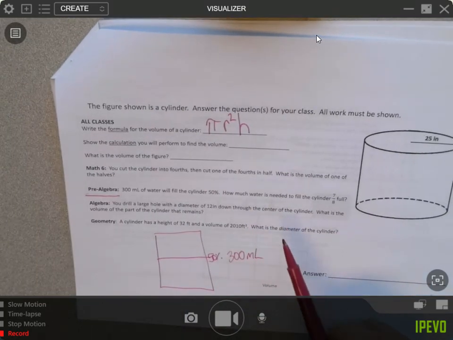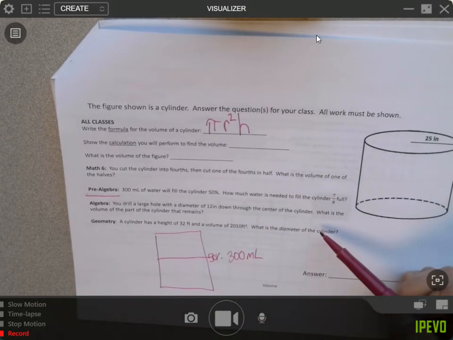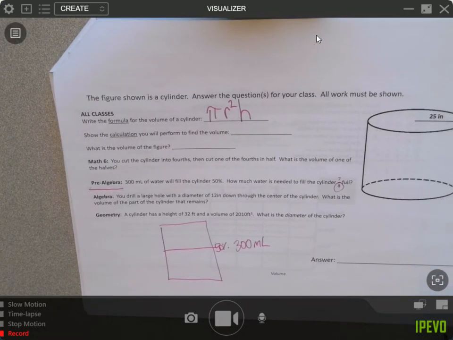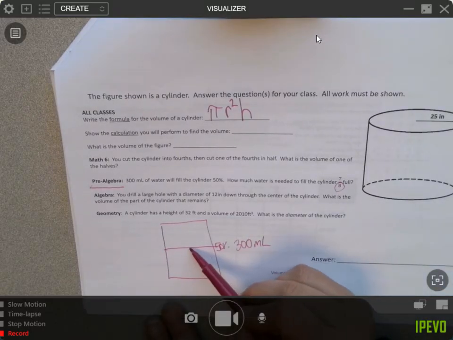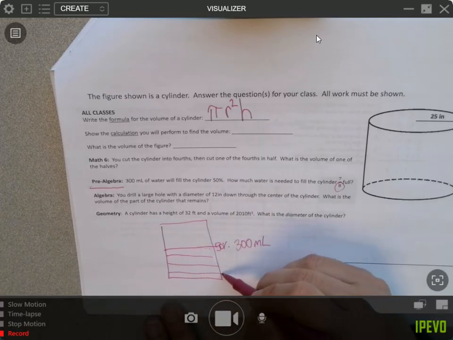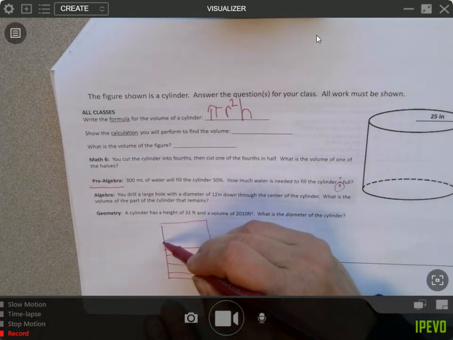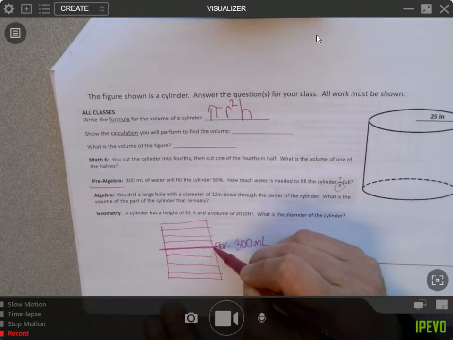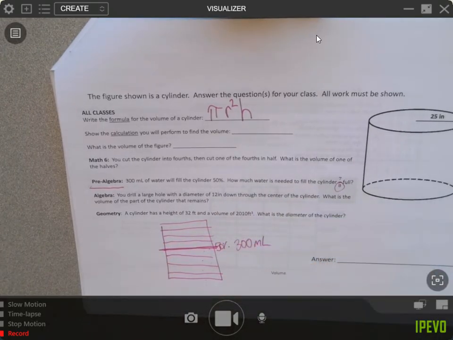How much water is needed to fill it to 7/8 full? So I want to break that cylinder into 8 sections. Half of 8 I know is 4, so I know that there's 4 down here. So 1, 2, 3, 4, and then 4 up here. So 4 sections is 300 milliliters.